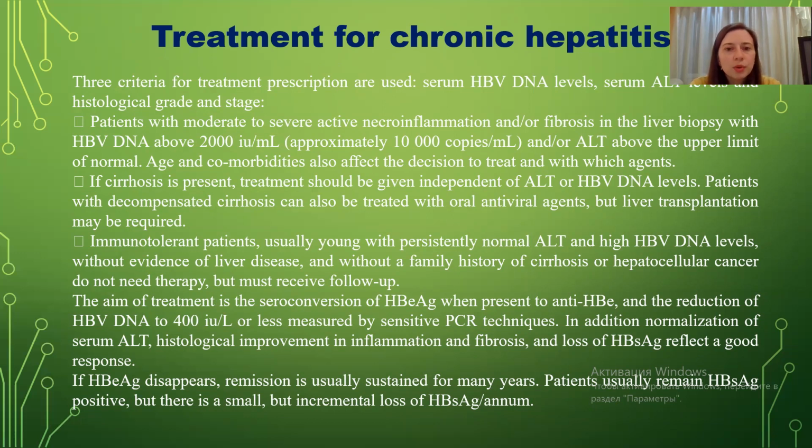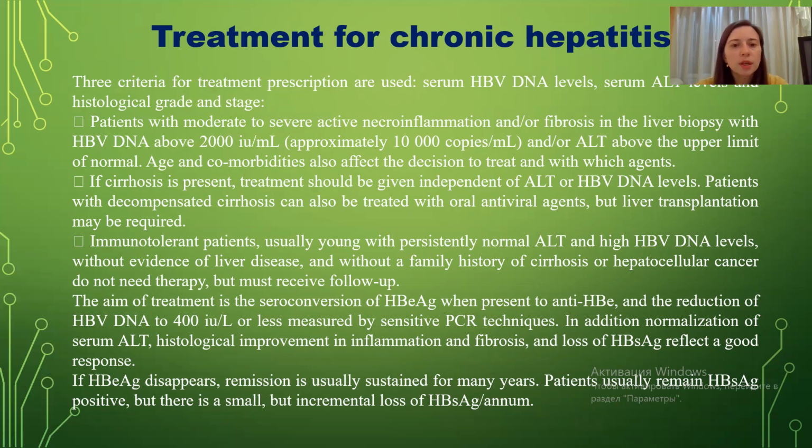Patients with moderate to severe active necroinflammation and/or fibrosis in the liver biopsy, with HBV DNA above 2000 international units per milliliter and/or ALT above the upper limit of normal. Age and comorbidities also affect the decision to treat and with which agents.